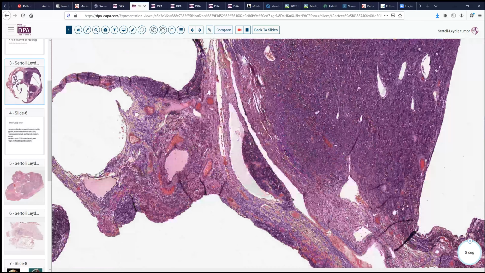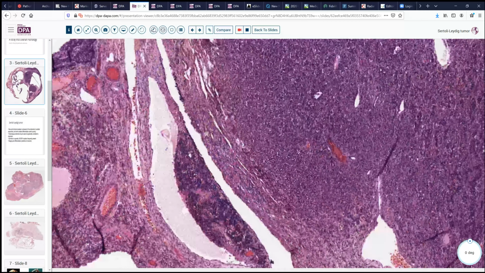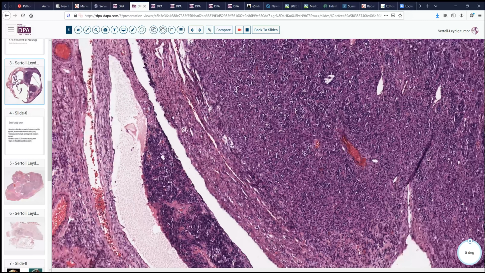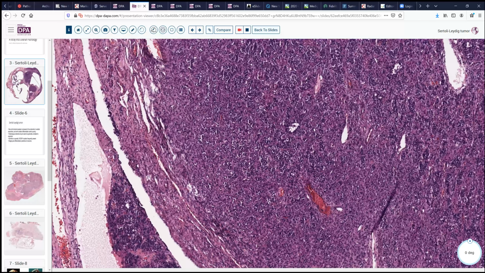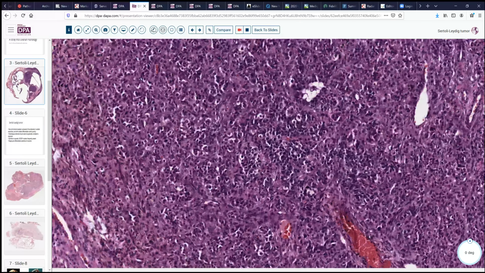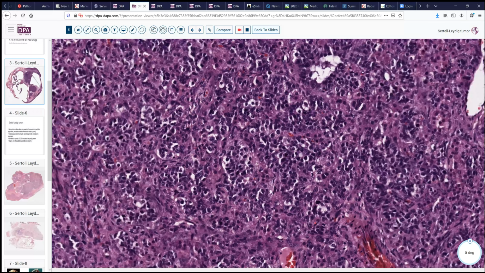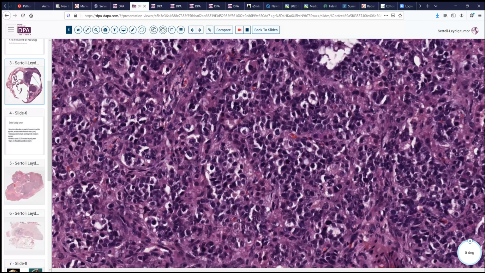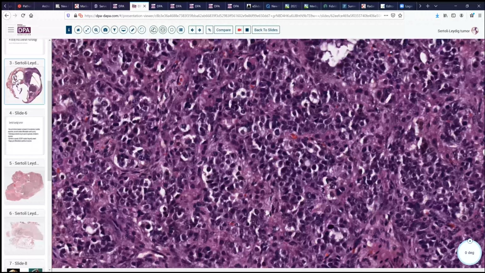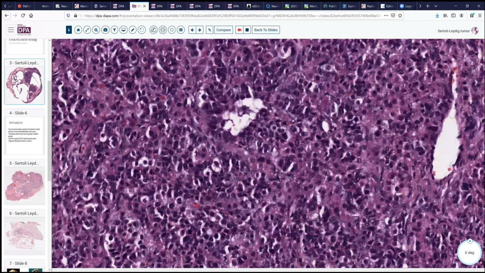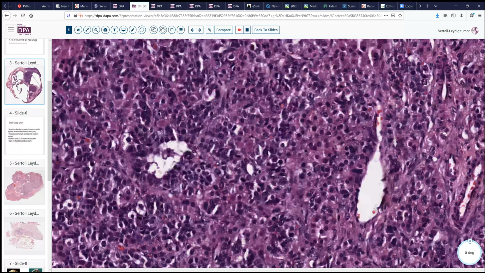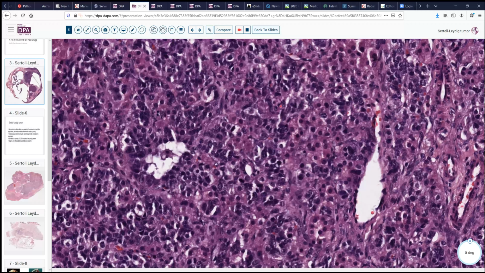So let's take a look and see what makes up these two components of the tumor. And we can see here that these darker, more amphophilic cells are small and round, occasionally with slightly foamy cytoplasm, fairly uniform nuclei. And then these intervening cells have more eosinophilic granular cytoplasm.